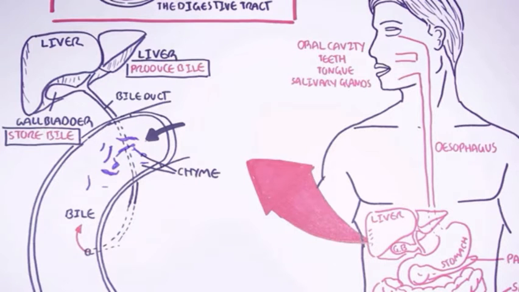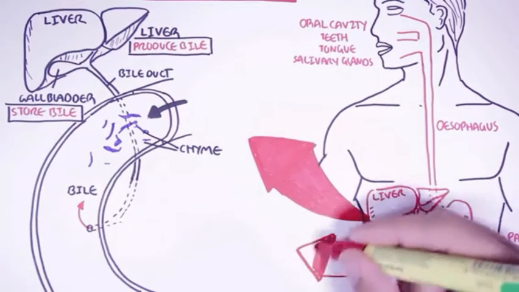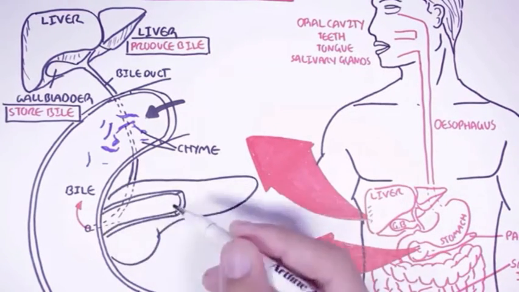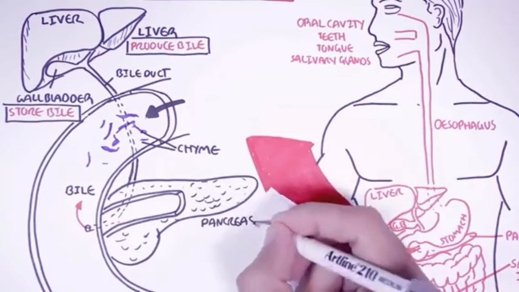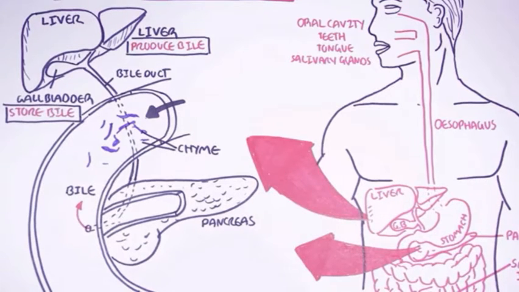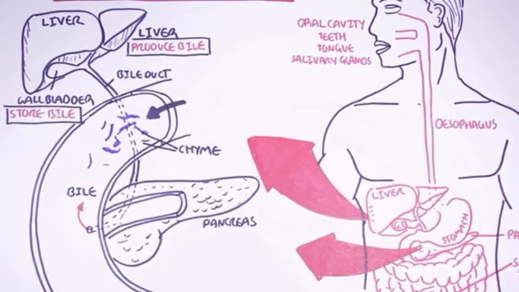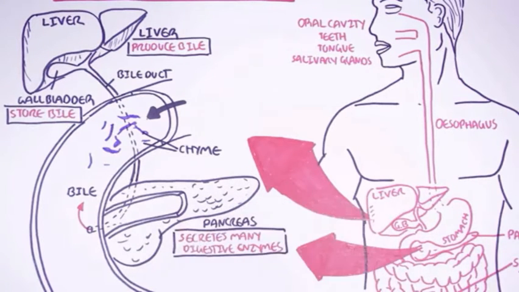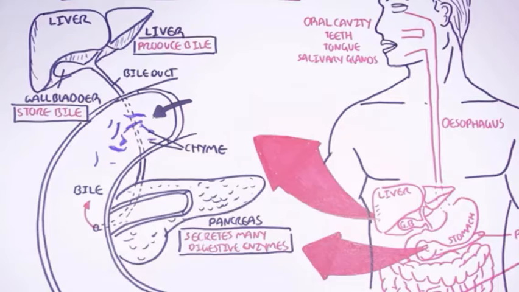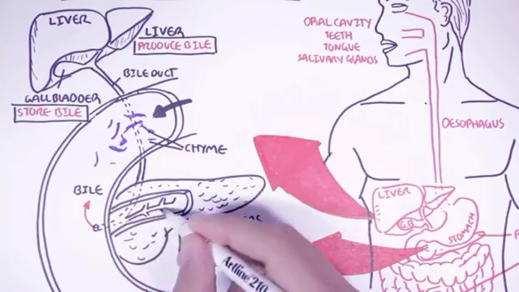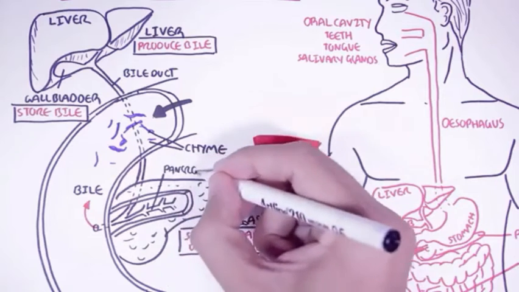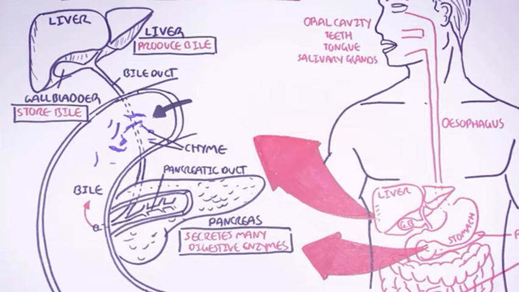So the other important accessory organ that has to be mentioned here is the pancreas. The pancreas is an important endocrine and exocrine gland. During digestion, the pancreas secretes many enzymes. These pancreatic digestive enzymes will be secreted into the small intestine as well through the pancreatic duct.